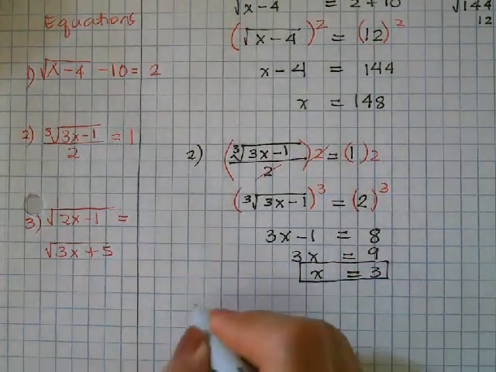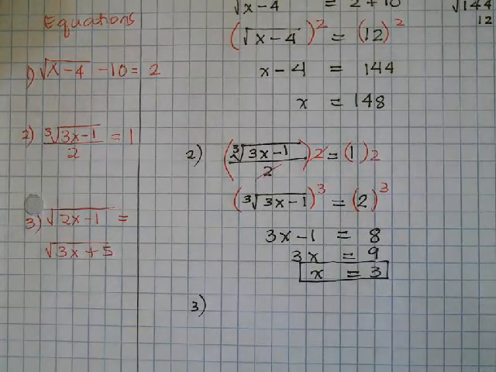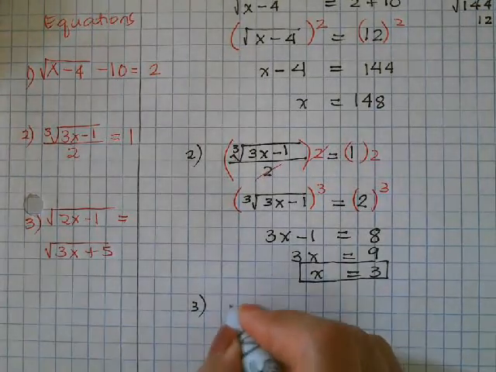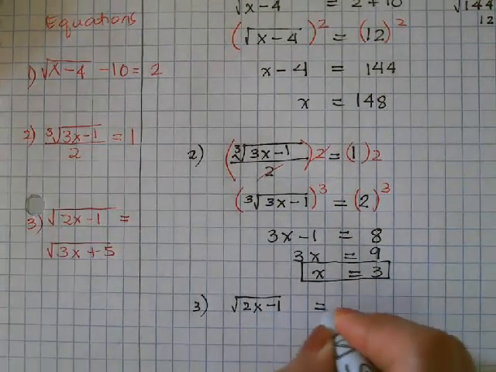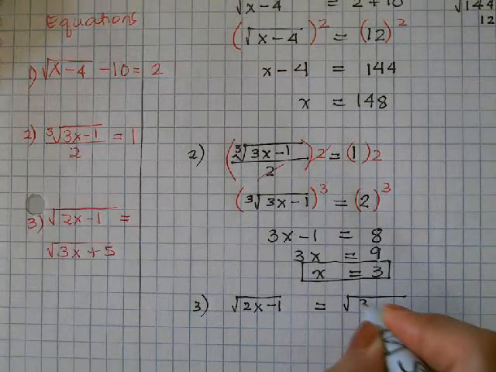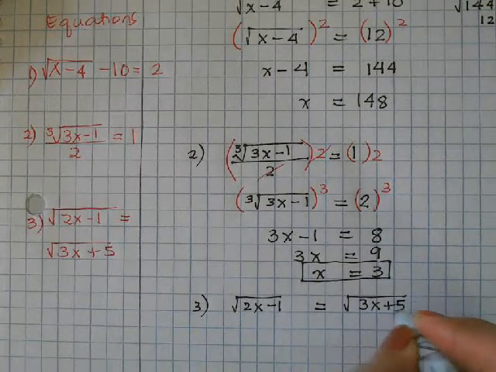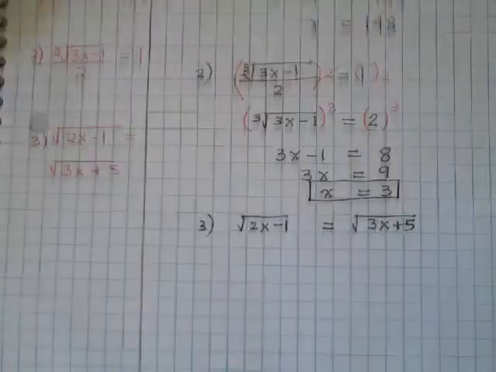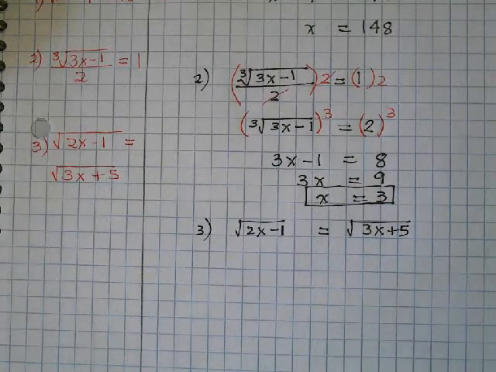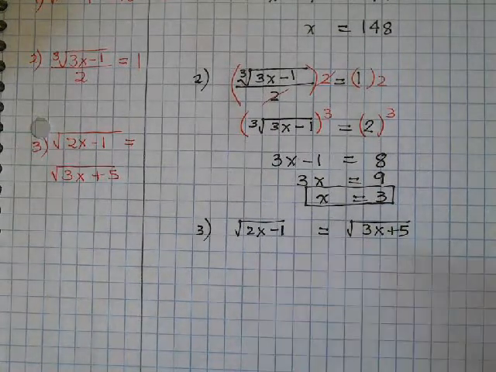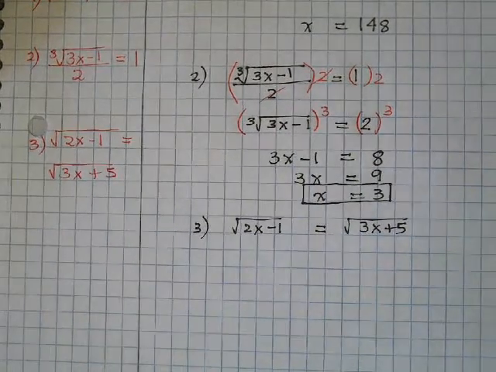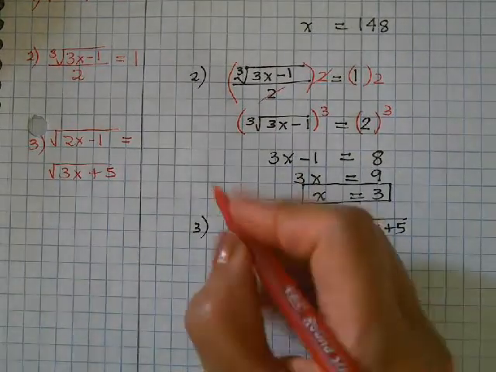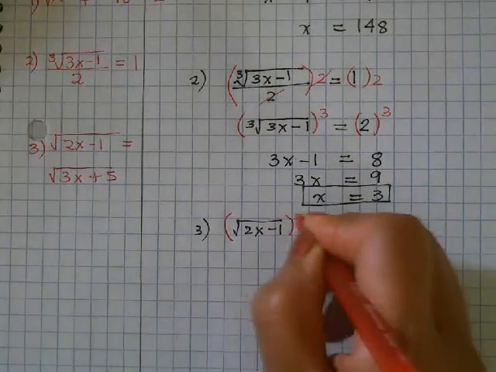Next, number 3. We have the square root of 2x minus 1 should equal the square root of 3x plus 5. If they are both square roots, they are both isolated: one is here and one is there. To get rid of the square root, you just square both sides.